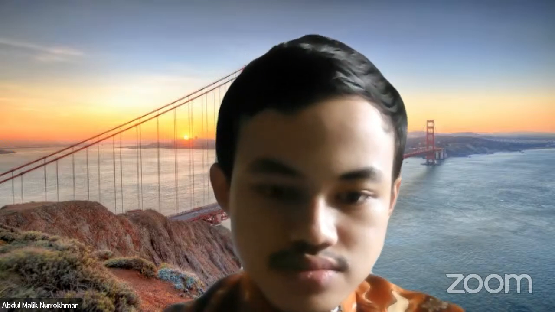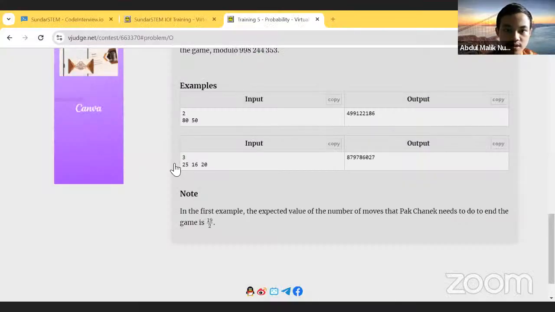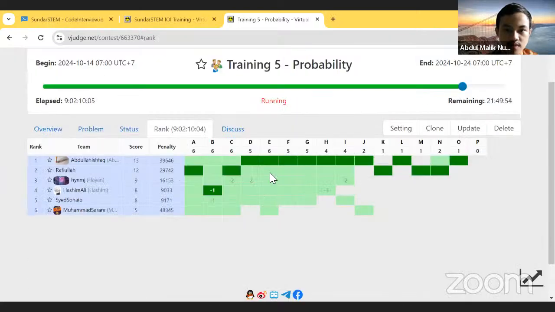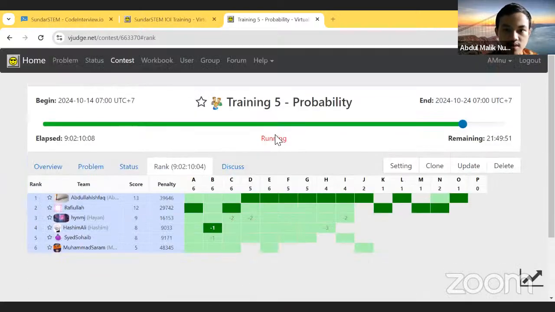Alright. Now we are almost finishing discussing the probability. Is there any other question about probability?